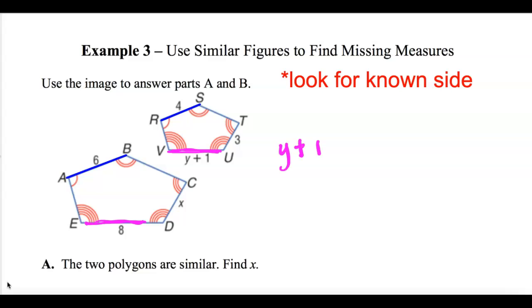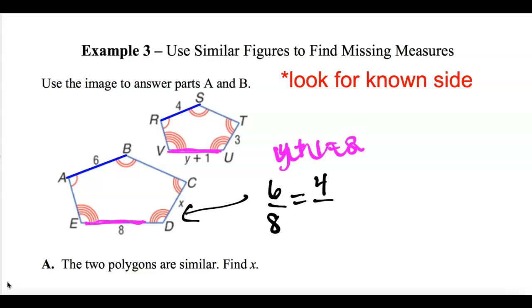So you cannot say this. This is not true. But we can write a ratio. So we'll start with the blue side and the magenta side, and then we'll come up with a ratio. So I'm going to say 6 from this figure over 8 from that figure is going to be the same as 4 from this figure over y plus 1 in that other figure.